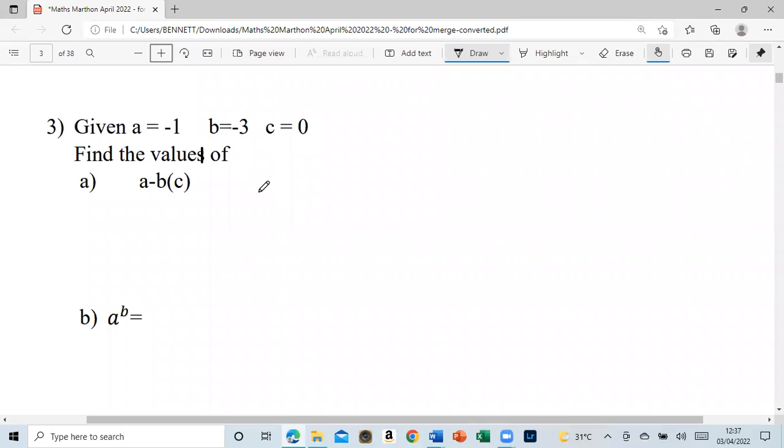Everyone agree with that? Yes, sir. All right, we have less than a minute. Now we can try. So we just substitute, right? So this is -1 minus 3 times C, which is 0. So we have to multiply first, right? Anything times 0 is 0. So that would work out. Well, 0 is neither positive nor negative.